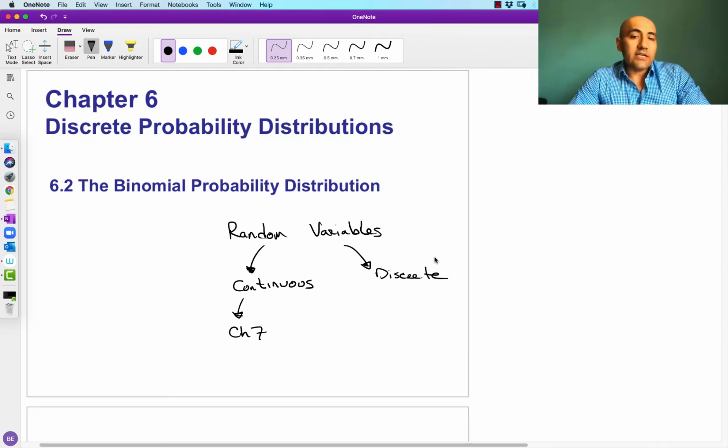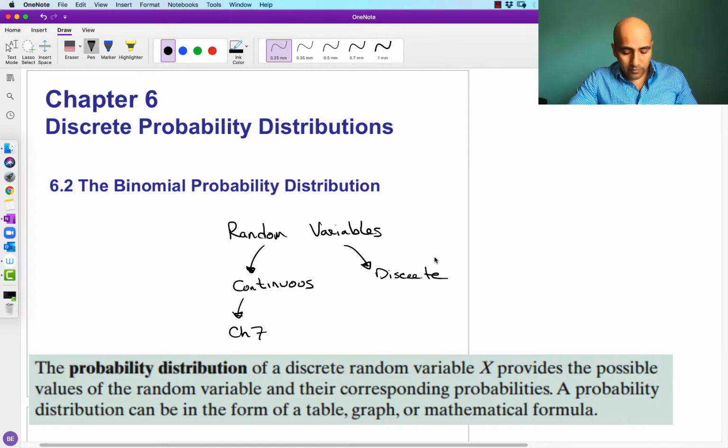In section 6.1, we explored that a little bit more. We thought about probability distributions. A probability distribution of a discrete random variable x provides the possible values of the random variable and their corresponding probabilities. It's like a little cheat sheet. Maybe you're flipping coins, or rolling 2 six-sided dice and multiplying the results.